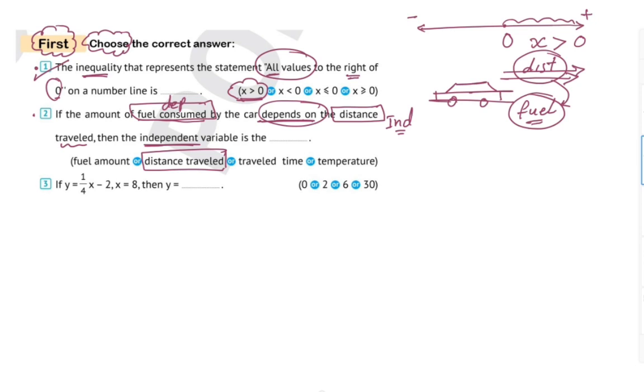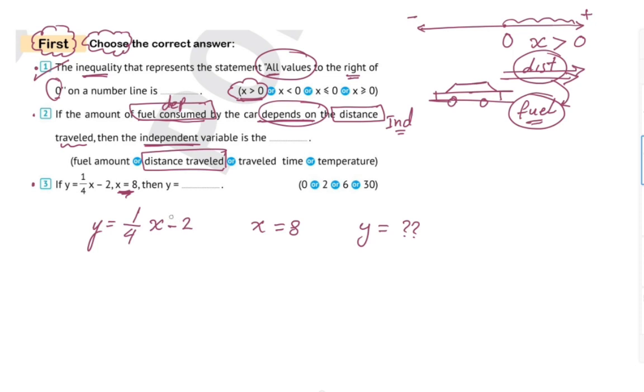Point 3, we have y equals 1 over 4 x minus 2 and x equals 8. Then y equals what? We have some equation here, y equals 1 over 4 x minus 2, and I have the value of x and I need to find the value of y.